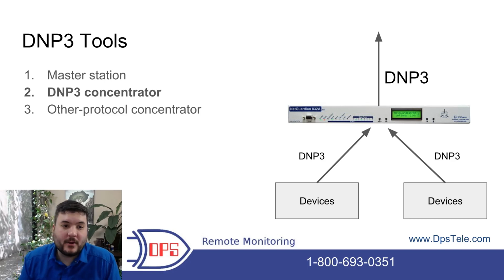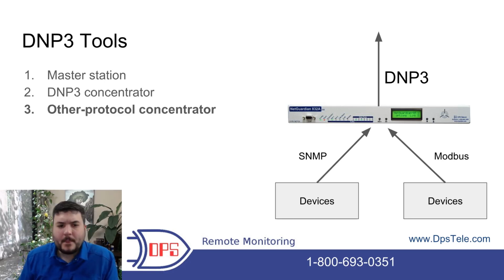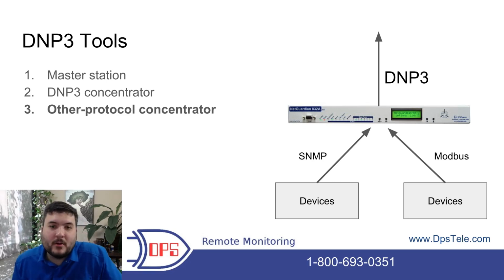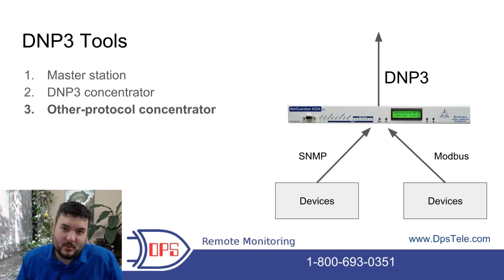That's going to contrast with number 3, which is what I've termed an other protocol concentrator. This is going to be collecting from different protocols that are not DNP3 and performing a critical translation function, because you may have a DNP3-only master, and that might be fine. But what happens when you end up with SNMP equipment or Modbus? I see this a lot in mergers and acquisitions. You end up with somebody else's equipment. How are you going to tie this together without having to have a separate SNMP manager and a separate DNP3 master?